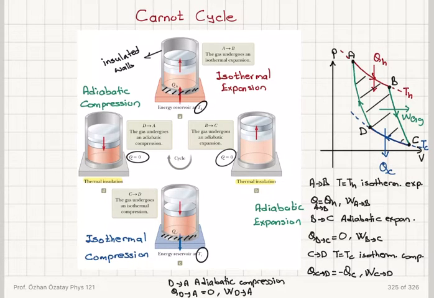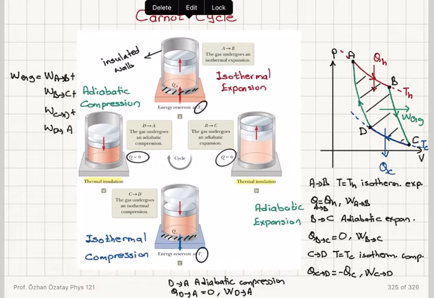The net work done, so this is basically W engine. You can see here W engine is going to have two contributions, W A to B plus W B to C plus W C to D plus W D to A, which means the total area that's enclosed by this cycle.